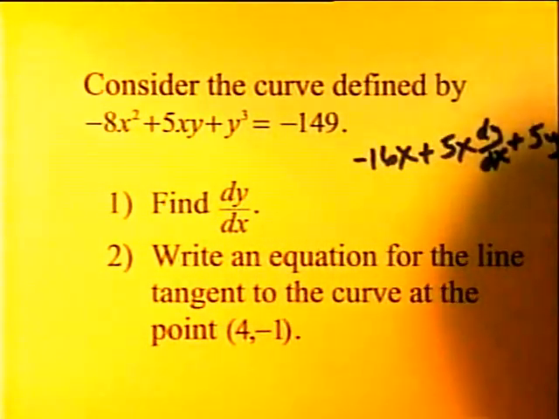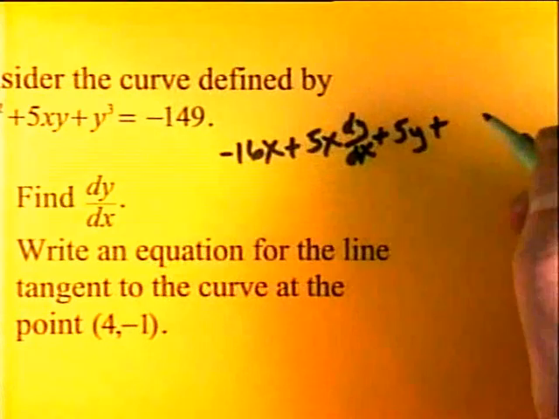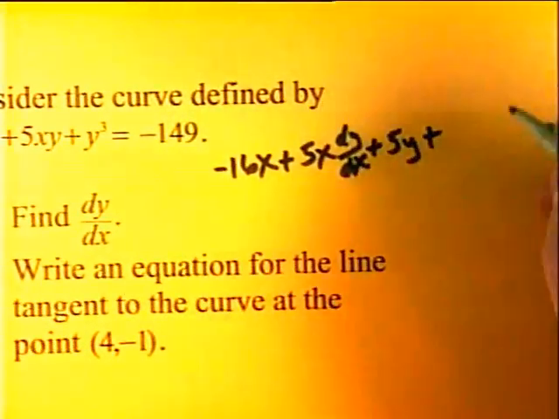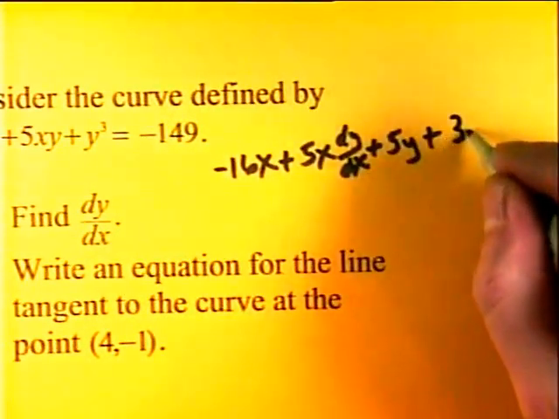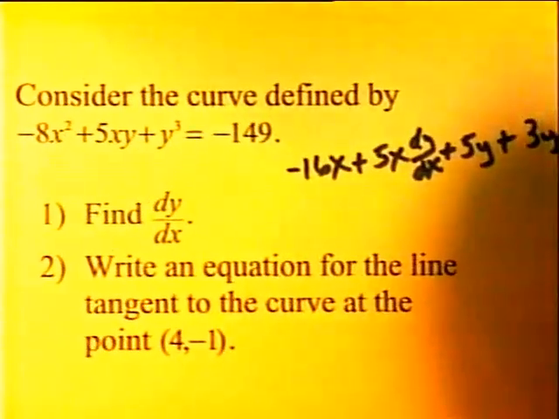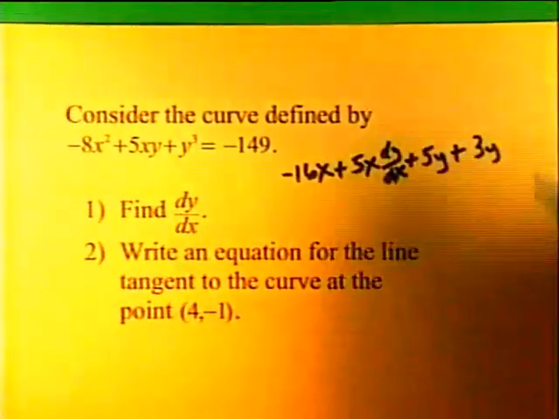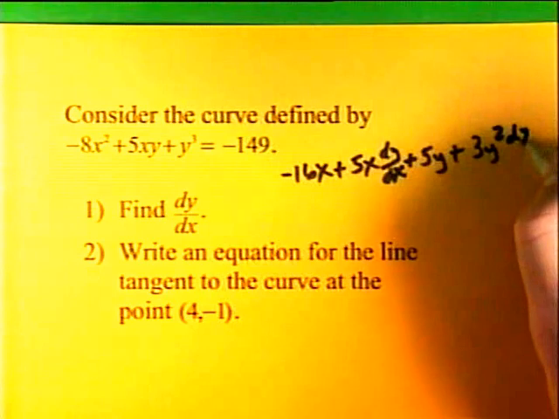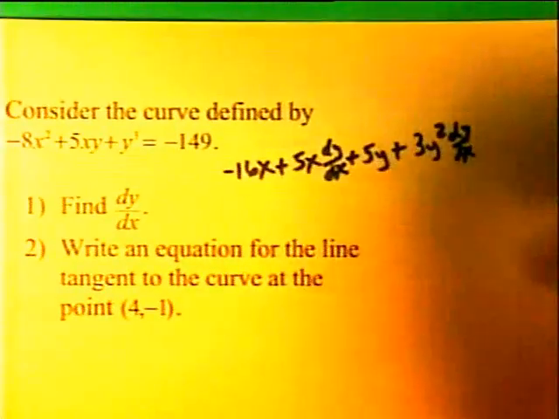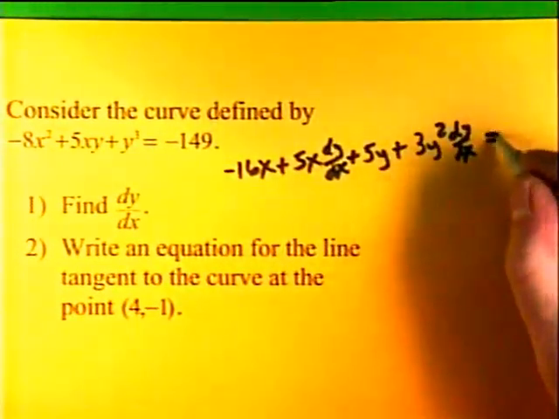That's good. Excellent. Plus 3y squared dy/dx equals 0. Okay, now what do we do?